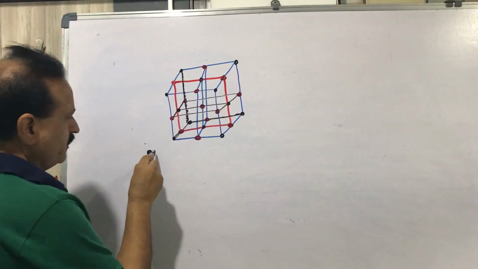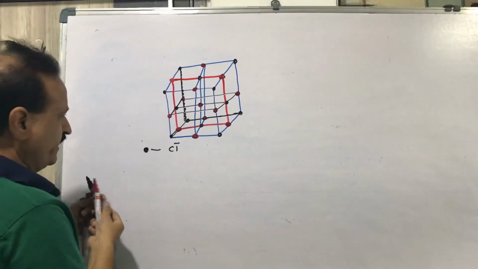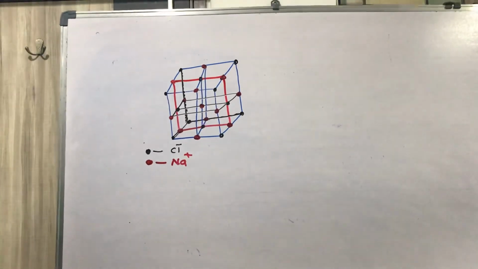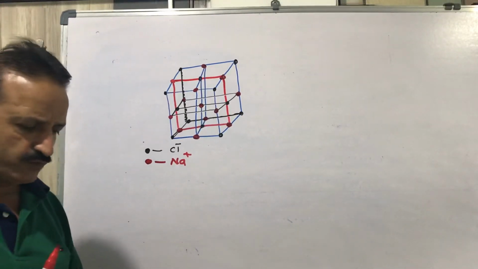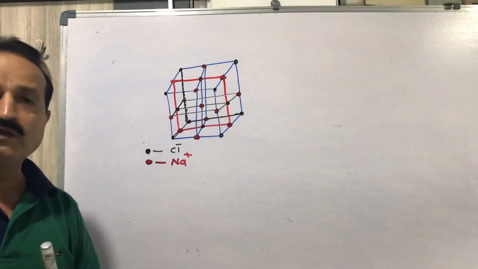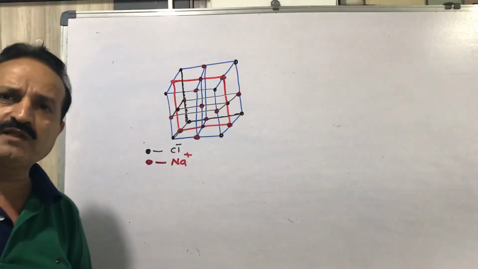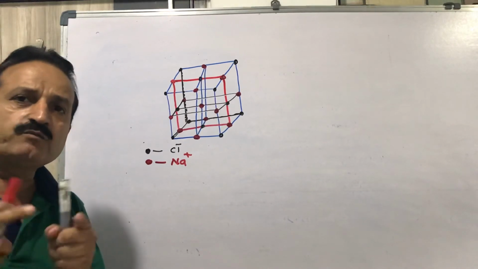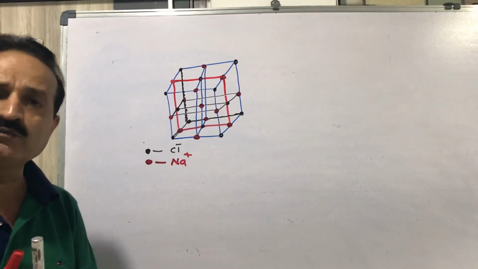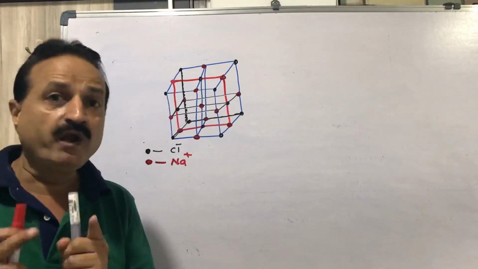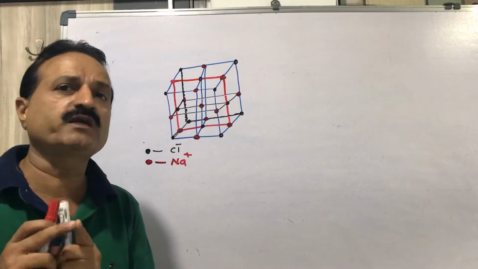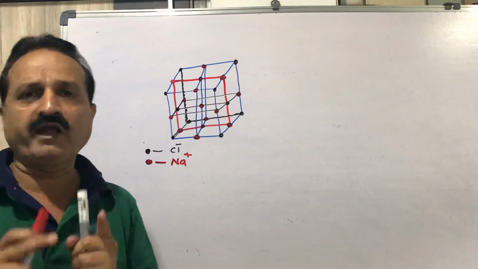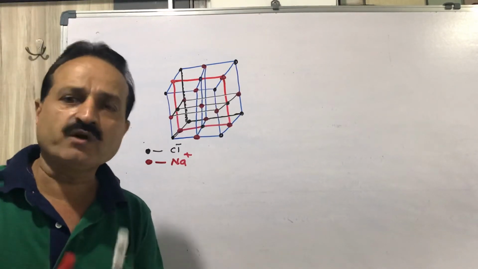Black is chloride and red is sodium. This is a simple two-dimensional figure. In this figure, sodium is surrounded on both sides by chloride, and chloride is surrounded on both sides by sodium. Two same ions will not come near each other because they have the same charge, and same charges repel.